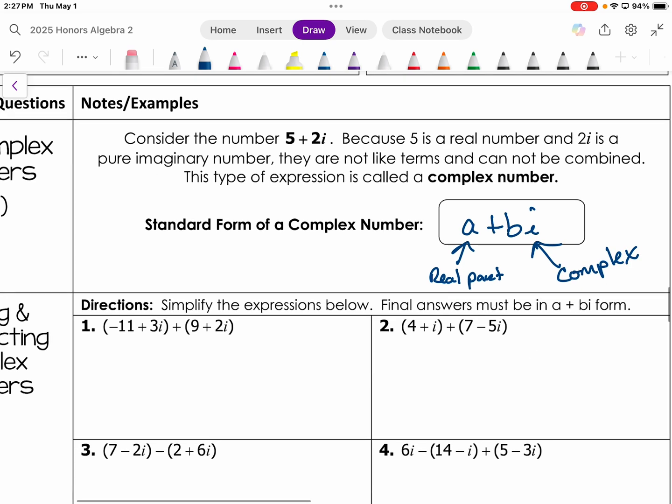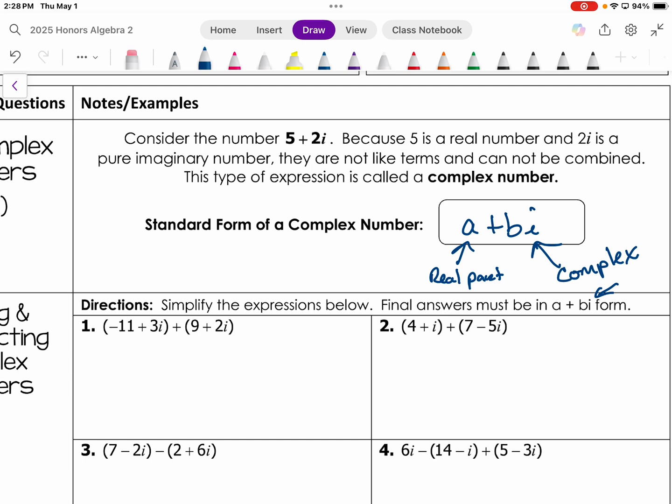Now they also give us this format there to remind us there is a proper way to write it. When you're working with complex numbers, you're supposed to write it in a certain format, just like when you're working with polynomials. I'm supposed to write my letters, and my powers on the letter need to be going down in descending order.